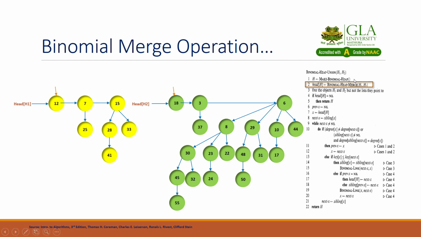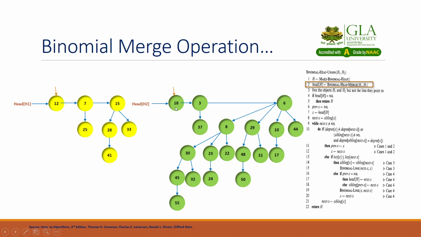In case number 2, I have covered it with a rectangle, and this head H is created and the binomial heap is merged. Here we are talking about the merging operation, how we will merge the binomial trees of the H1 heap and the H2 heap. H1 is pointing to the first element and H2 is pointing to the first element of the second heap.